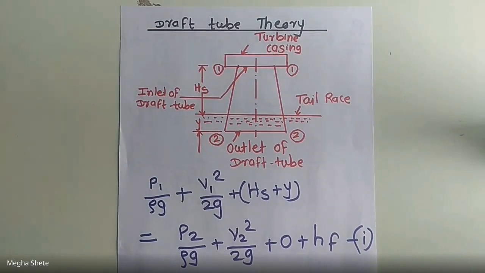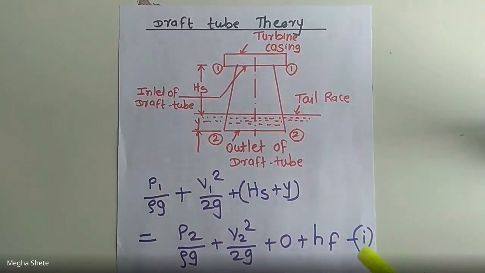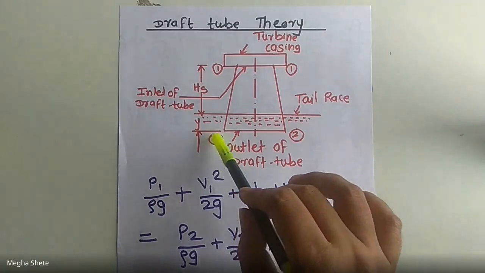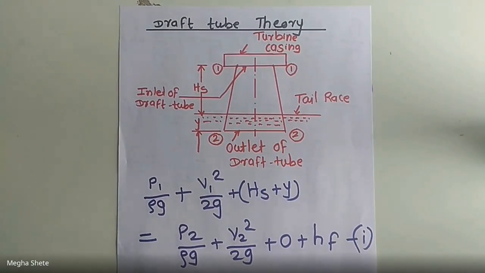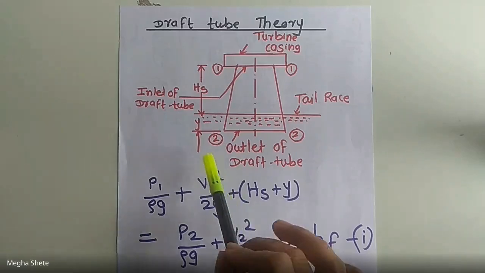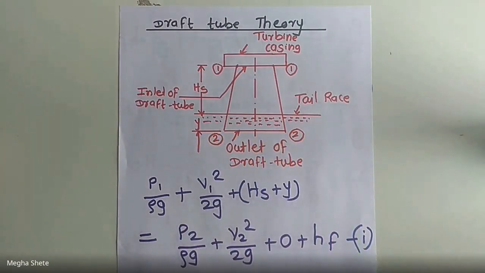Now we have to apply Bernoulli's equation to the inlet, that is section 1-1, and to the outlet, that is section 2-2 of the draft tube, and taking this section 2-2 as the datum line.